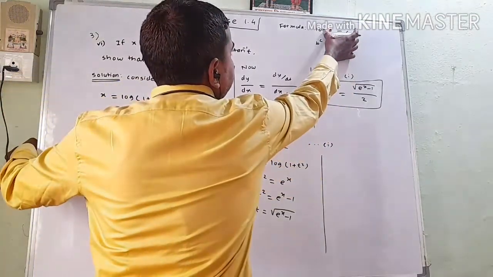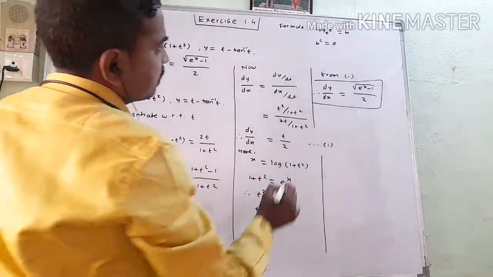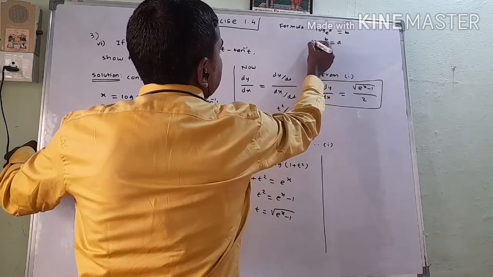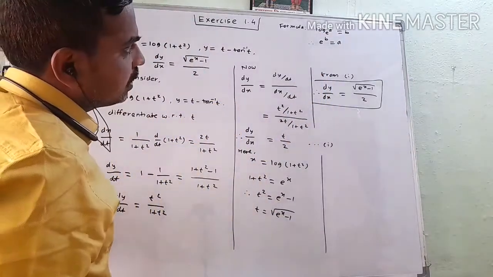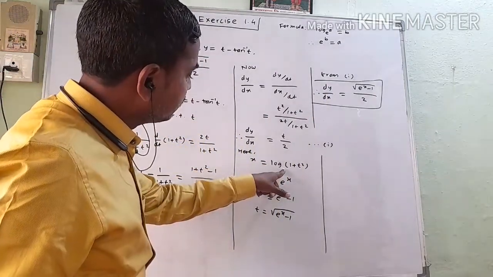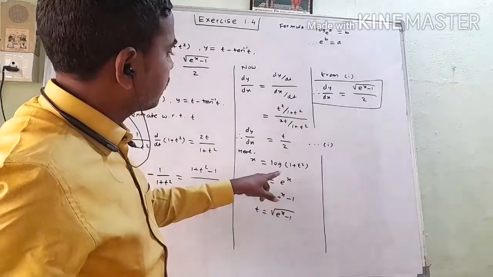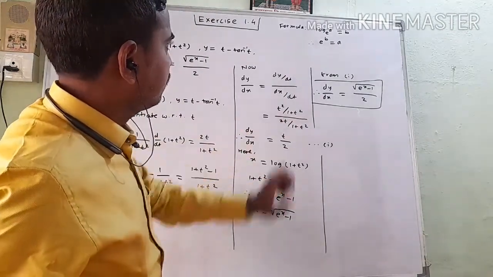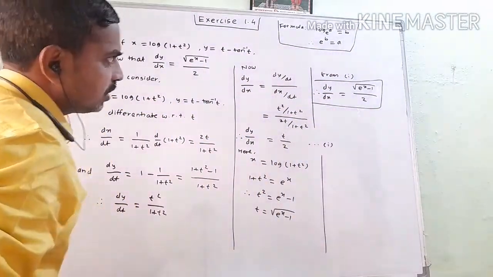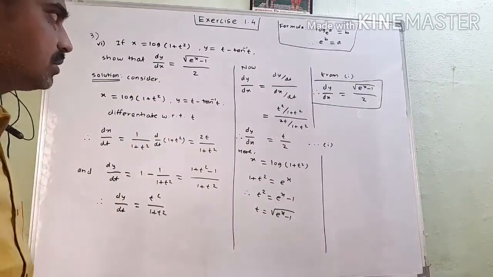And if the base is e, there is no need to write it, and in such a case we write this formula as e raised to b equals a. Here the base is not written, which means the base is e, therefore we write this function as e raised to x equal to the value inside the log. This relation between exponential and logarithmic functions is used here, and this is the solution of example number 6.